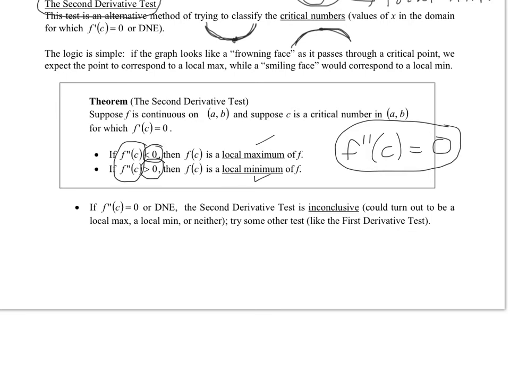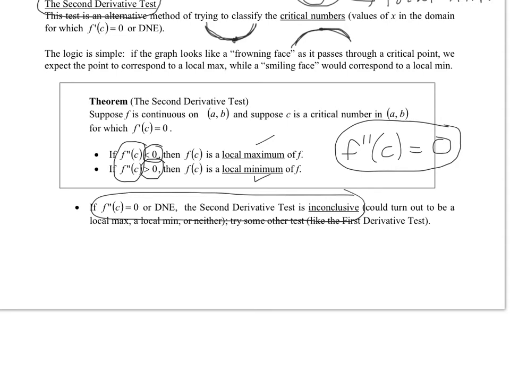So as I say below the theorem, if the second derivative spits out a 0 when you plug in the critical number, the second derivative test, unfortunately, is inconclusive. So you cannot conclude that it's a plateau. It might be a plateau, but it might also be a local max or a local min.